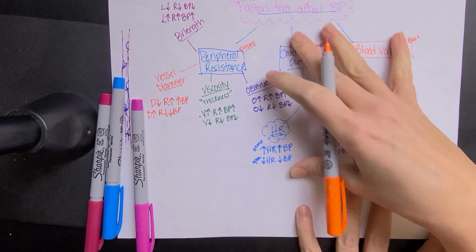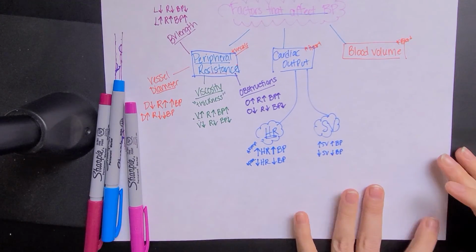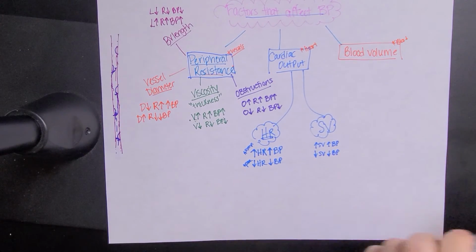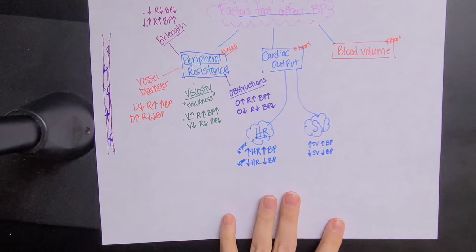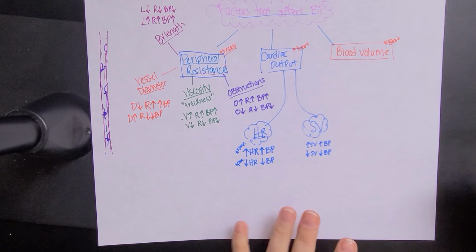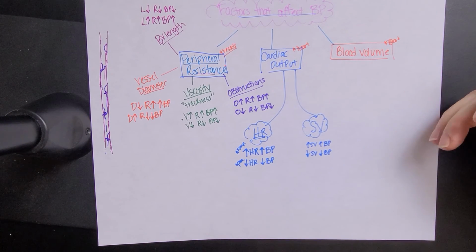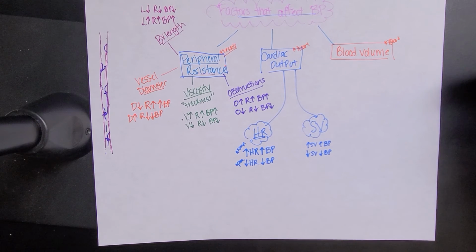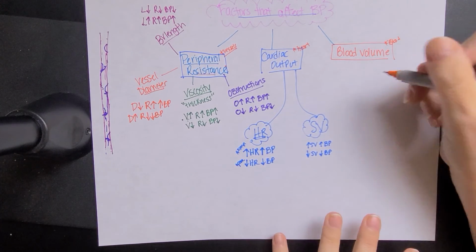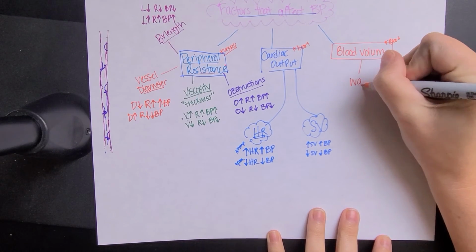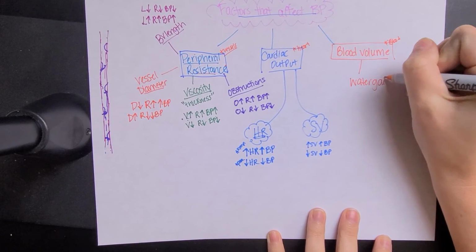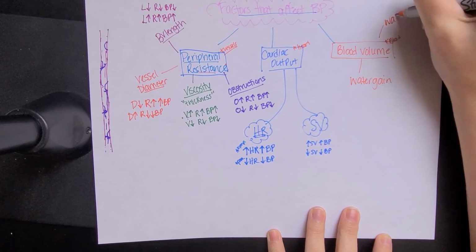This chart here is basically a summary of the physiology we've learned in all 3 chapters. Our blood volume is influenced by 2 major things, right? The amount of water coming in and the amount of water going out. And we're going to look at how that's regulated in this chapter also. So we call it water gain and water loss.